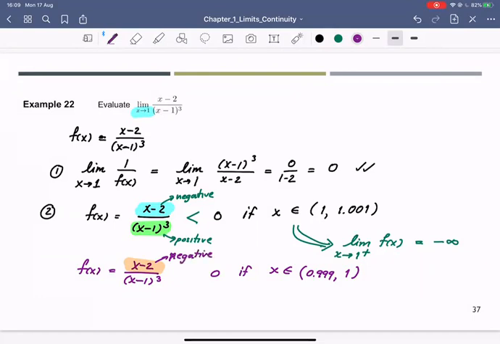Then (x minus 1) is something below 0, and you cube it, so you still get negative. Negative over negative is positive. So this concludes that the limit as x goes to 1 from the left of f(x) equals plus infinity.